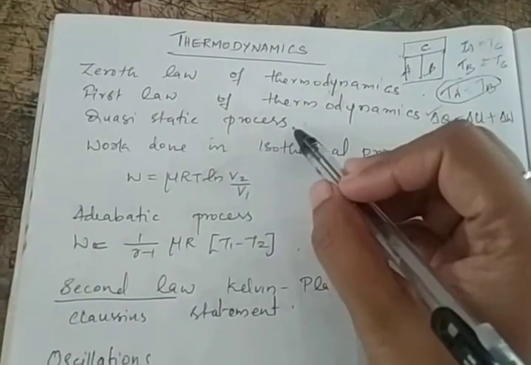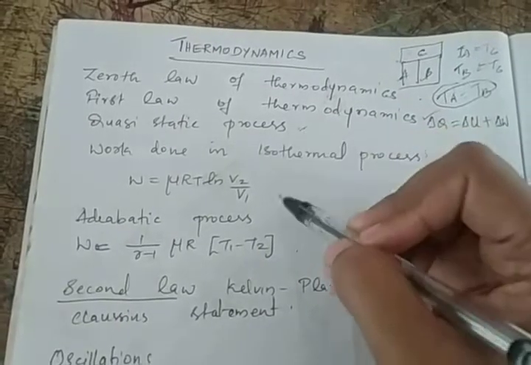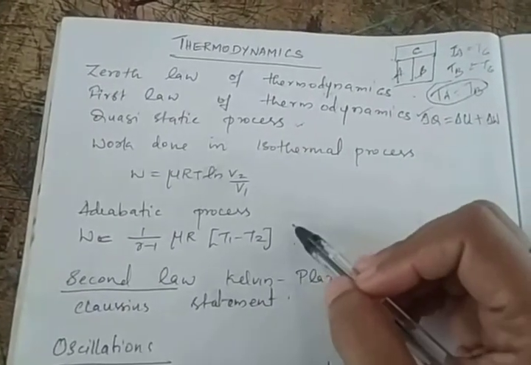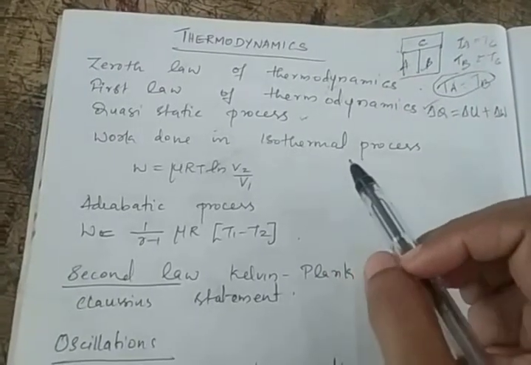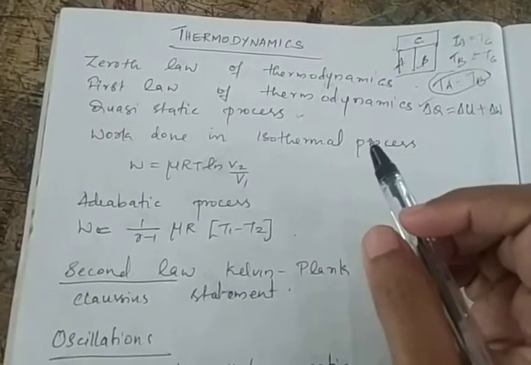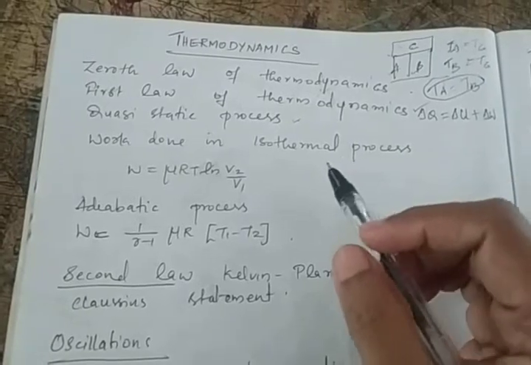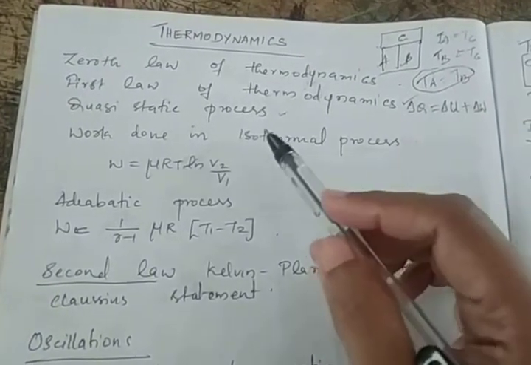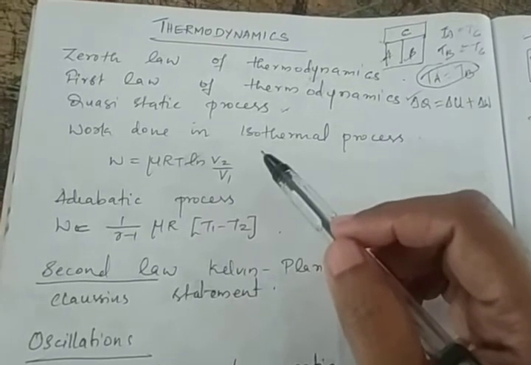And next is some important thermodynamic processes. So first is the quasi-static process. And what do you mean by quasi-static? Quasi-static process is the process which takes place very slowly, so that at each point of the process we feel that the system is in equilibrium with the surroundings.